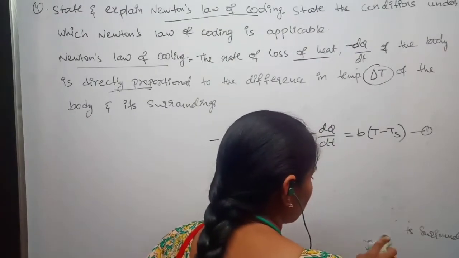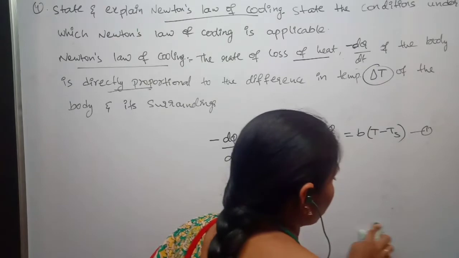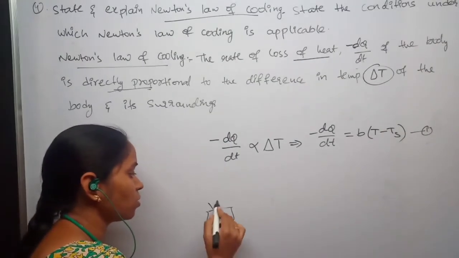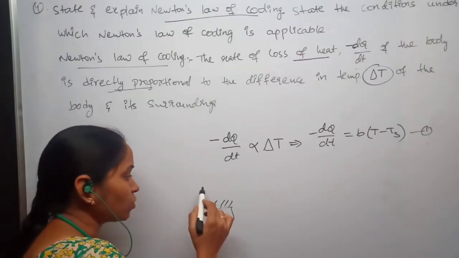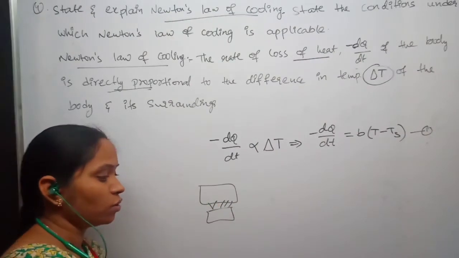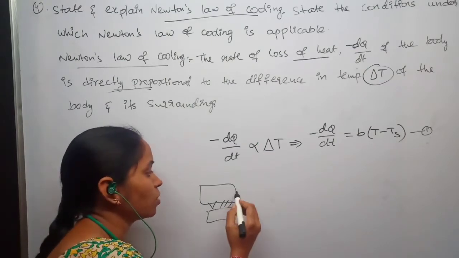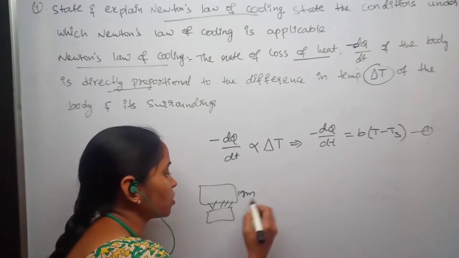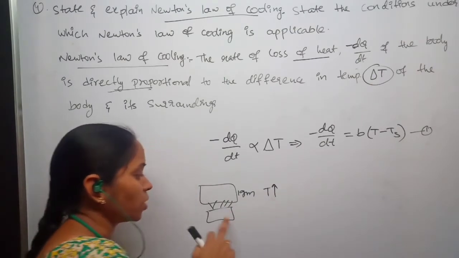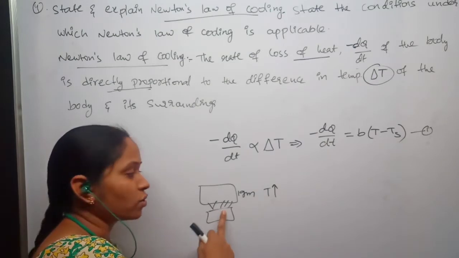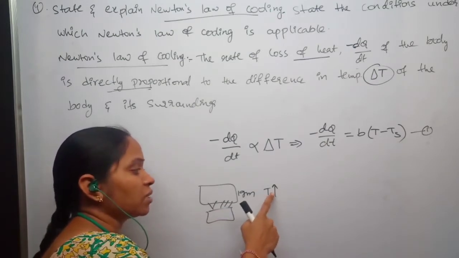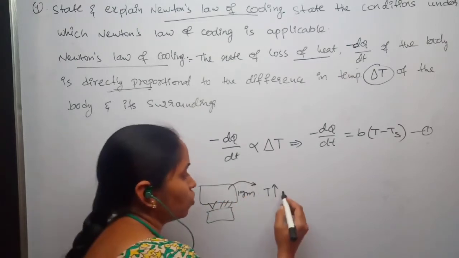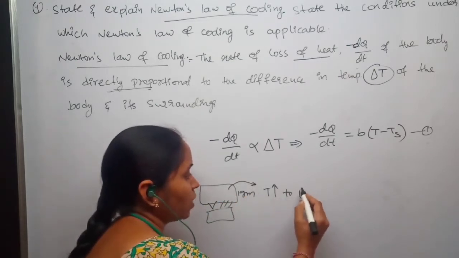Specific heat capacity is nothing but the quantity of heat required to raise the temperature of 1 gram of the substance by 1 degree Celsius.